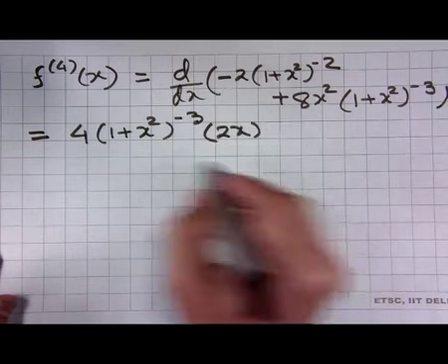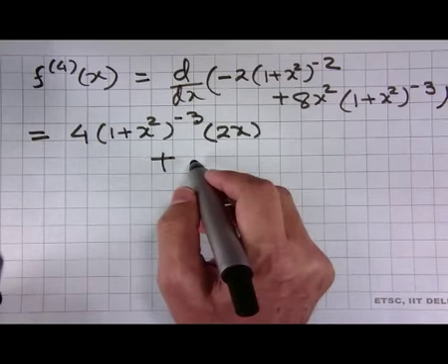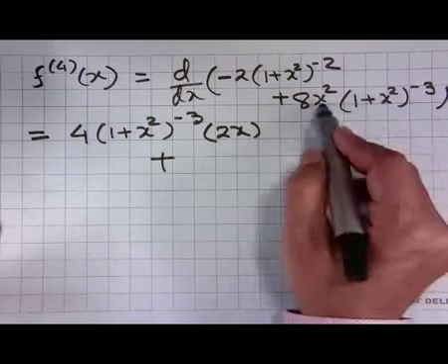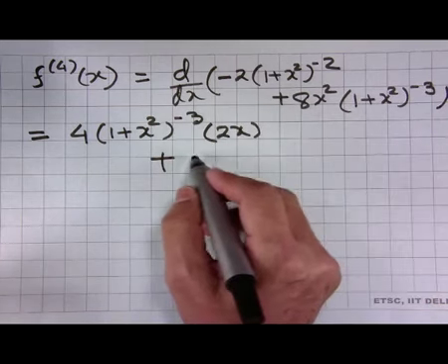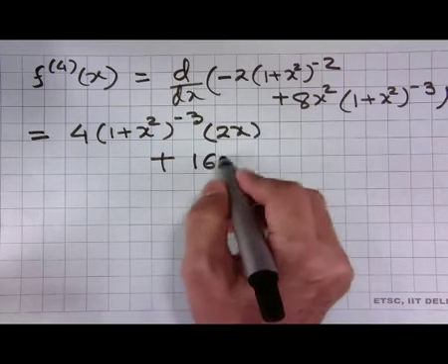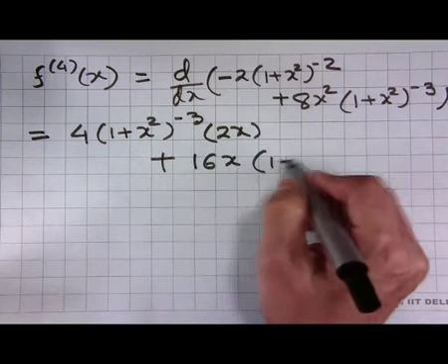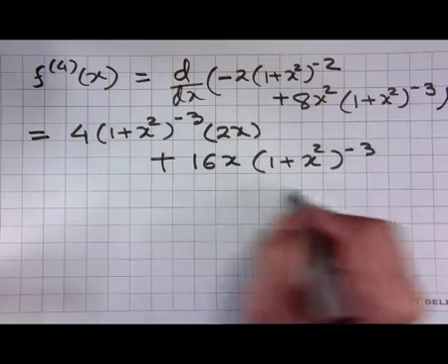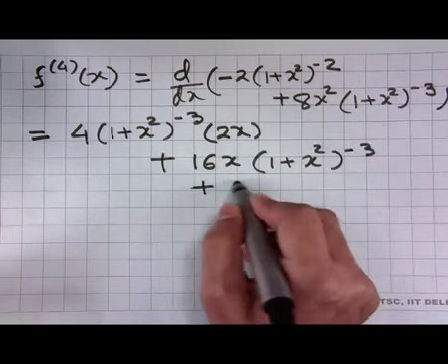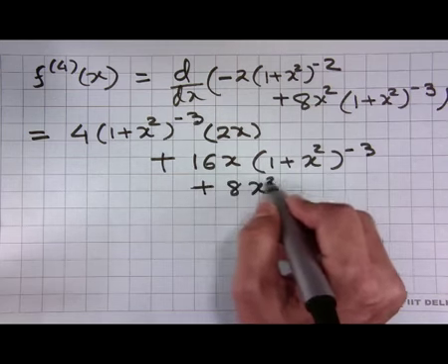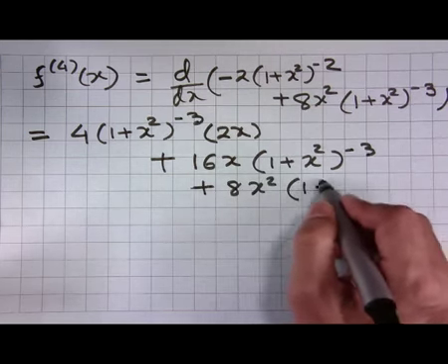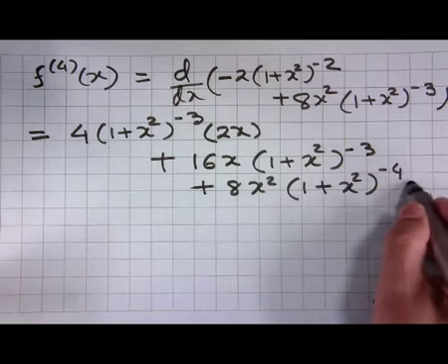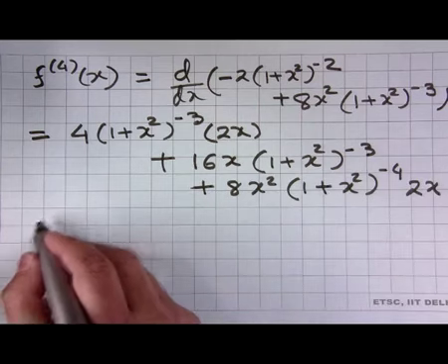That is from the first term. From the second term, actually it is a product of two terms, so we will get 16 x into 1 plus x square whole to the power minus 3 plus 8 x square into 1 plus x square whole to the power minus 4 into 2 x.